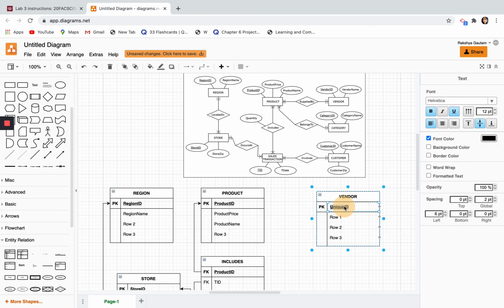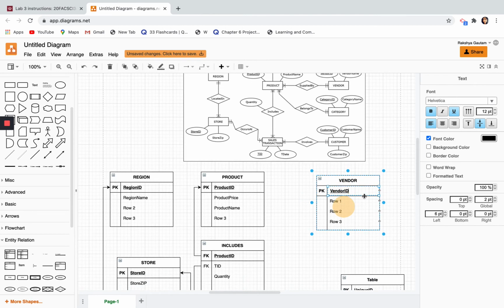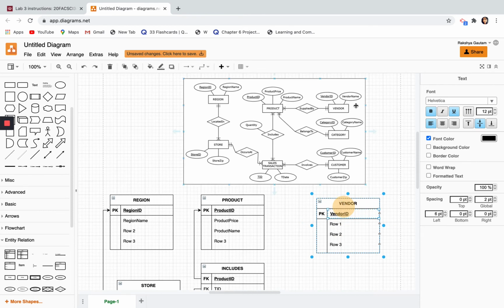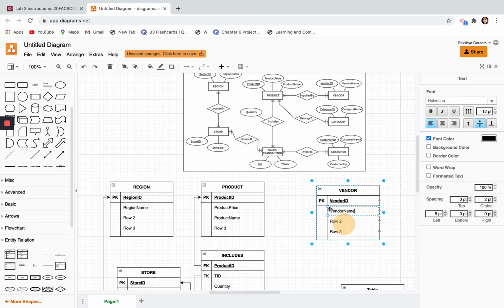Vendor ID would be its primary key, and vendor name is its attribute.